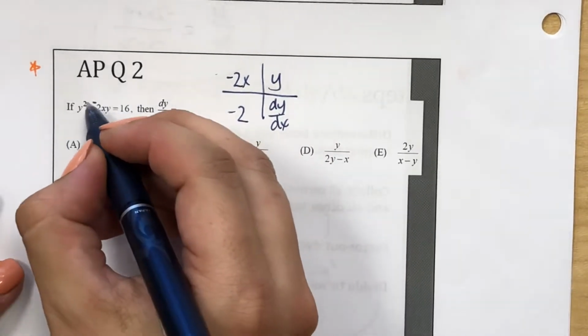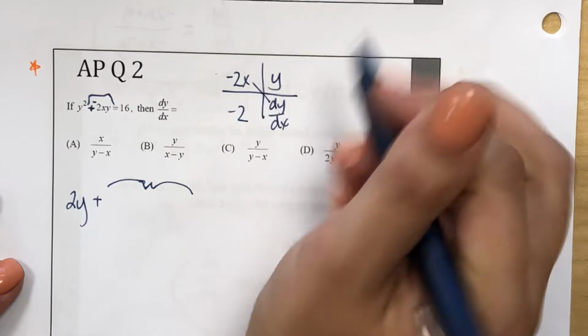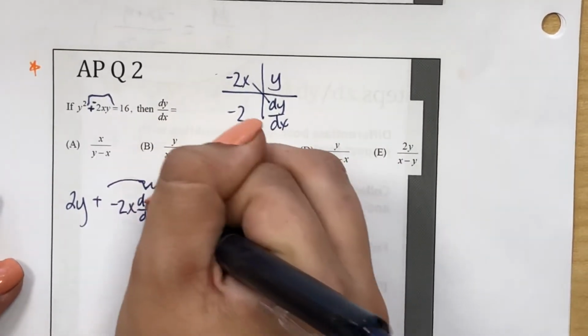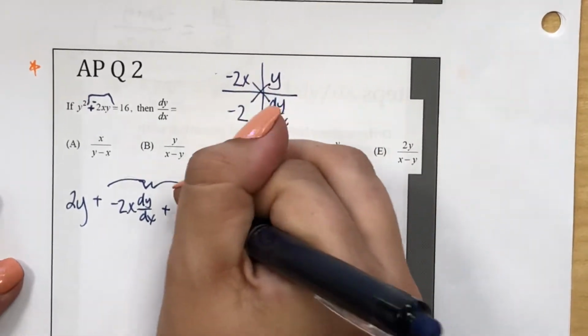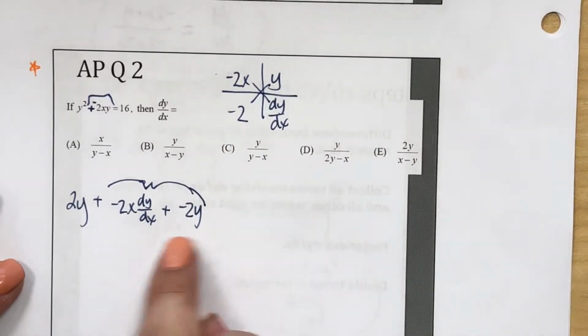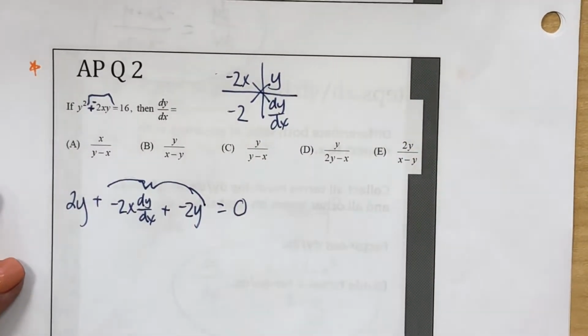Okay, so the derivative of this term is going to be negative 2x dy/dx plus negative 2y. Okay, so that's the derivative. Equals, not 16, but 0, because you take its derivative.